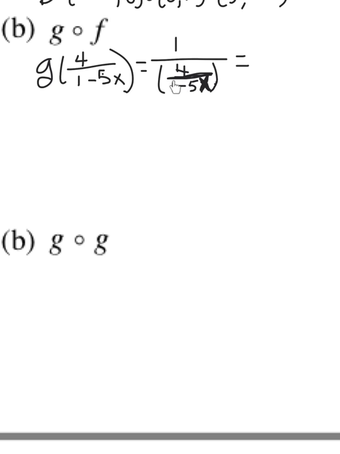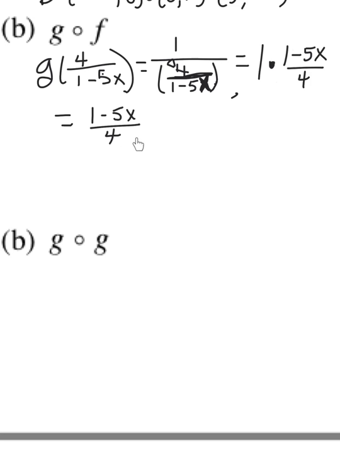Now I'm going to simplify this fraction. So in this case, I have a 1 divided by 4 over 1 minus 5x. So what I do is I multiply 1 times the reciprocal of this fraction, and I get 1 minus 5x over 4. This ends up being my g of f.